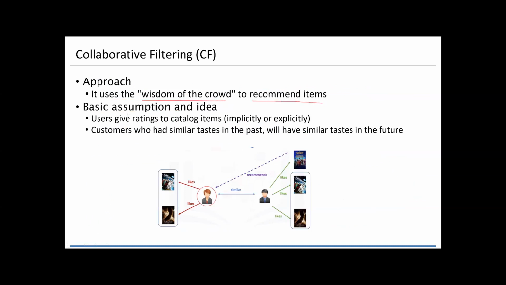The basic assumption and idea is that users give ratings to catalog items implicitly or explicitly, and customers who had similar tastes in the past will have similar tastes in the future. So one more time, customers who had similar tastes in the past will have similar tastes in the future. That's the assumption of collaborative filtering.